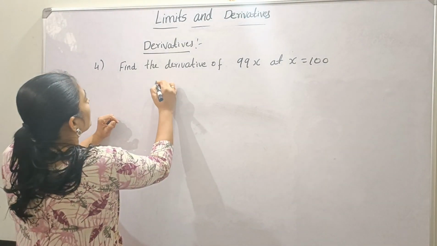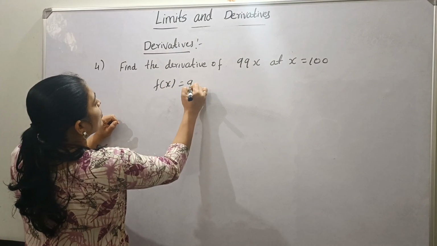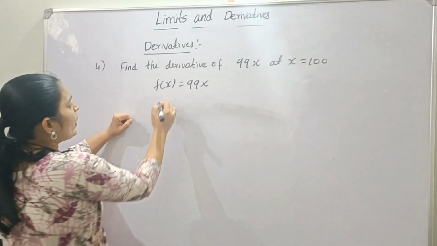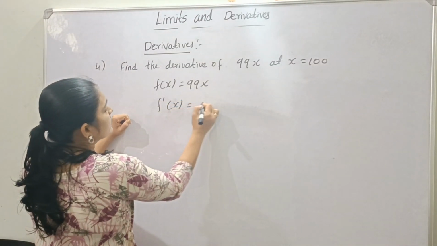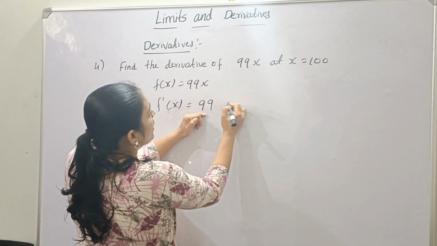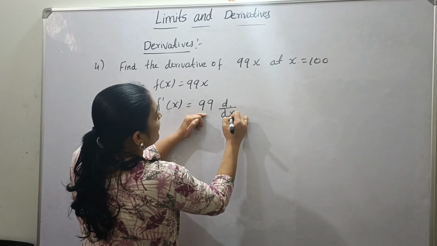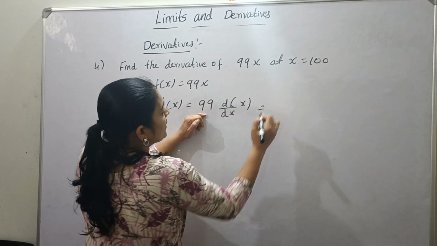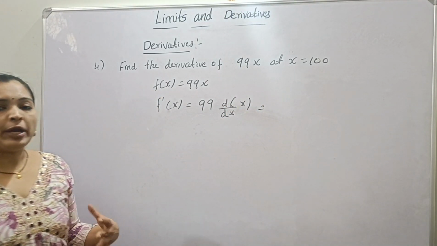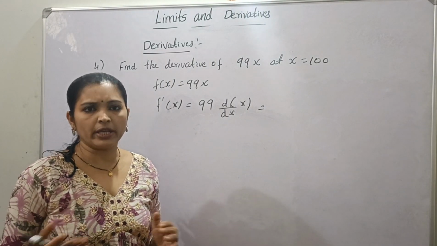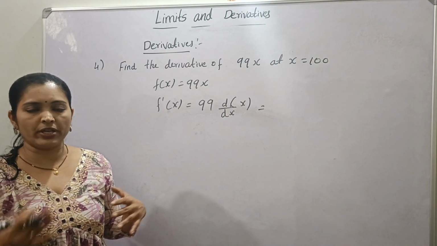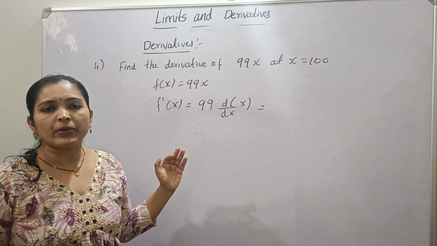Here f of x is equal to 99x. So what is f dash of x? 99 into d by dx of x. We know that d by dx of x raised to n, or the derivative f dash of x, we can represent it as d by dx.